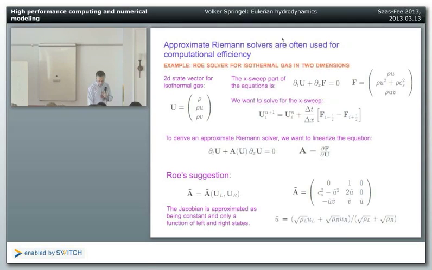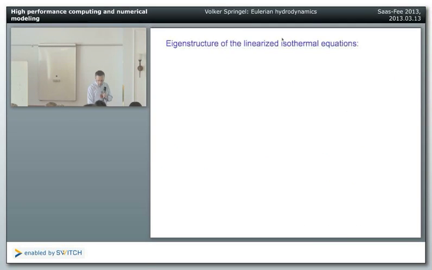Once you have linearized this problem, you can consider this matrix, A tilde, this linearized Jacobian, and consider the eigenstructure of this matrix. You find it has eigenvalues. The u tilde is some average velocity of the left and the right state, and then c_s is the sound speed, the speed of sound.